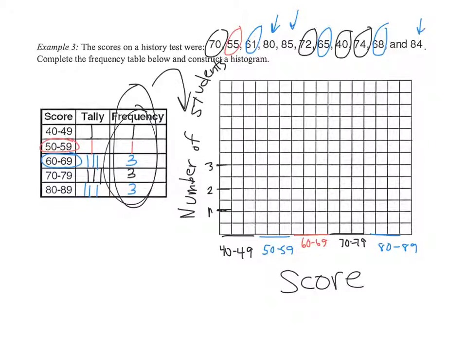The number of students that scored 40 to 49 was 1 student. 50 to 59 was 1 student. 60 to 69 was 3 students. 70 to 79 is 3 students. 80 to 89 is 3 students. And we're done.